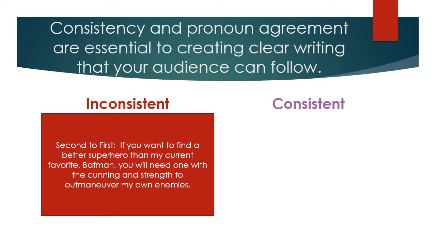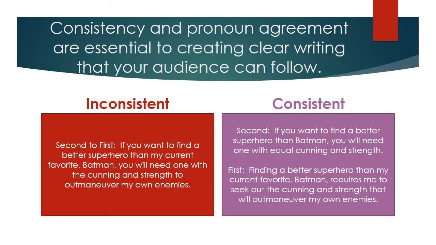But it creates a bit of confusion when we're talking about the subjects of the sentence, who's doing what and who is receiving the action. So especially if this is a written sentence, we need to make it consistent. We need to choose either second person or first person, depending on what's more appropriate for the effect that you're going for.